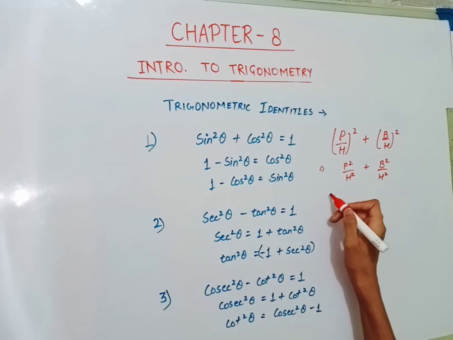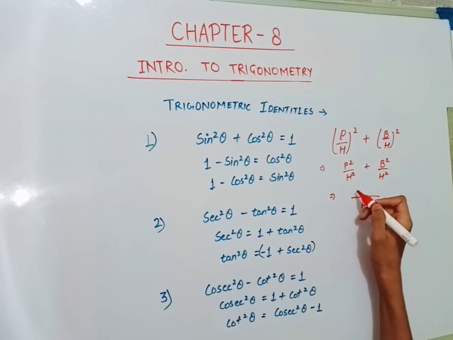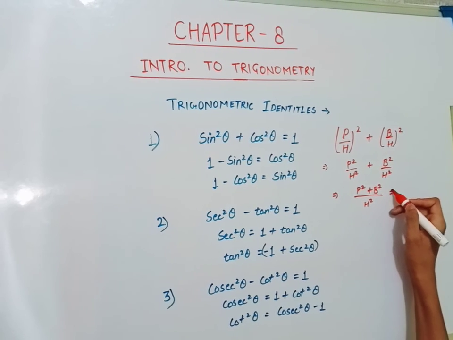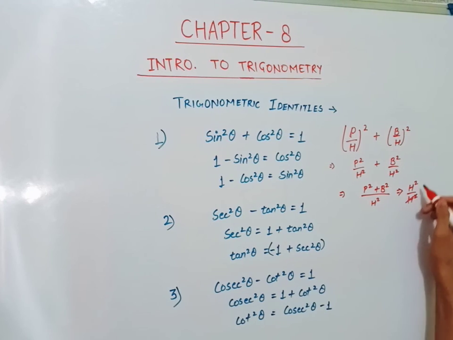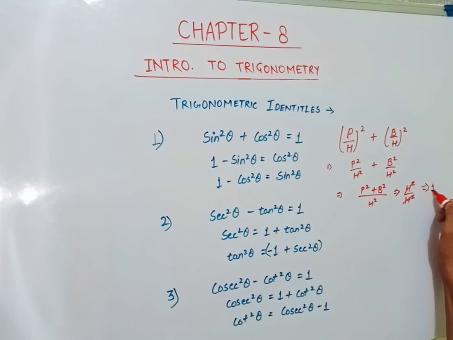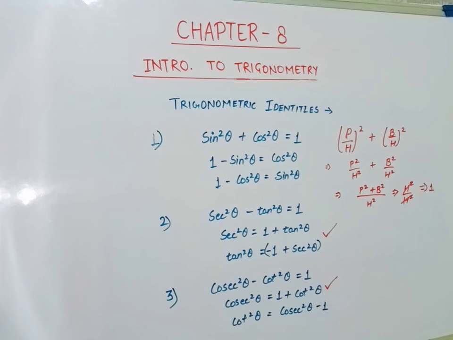Now we will take h square as LCM and we get p square plus b square upon h square, and we know that p square plus b square is h square, so h square upon h square, that is 1, which is equal to RHS. So we can derive other equations also like this method only.